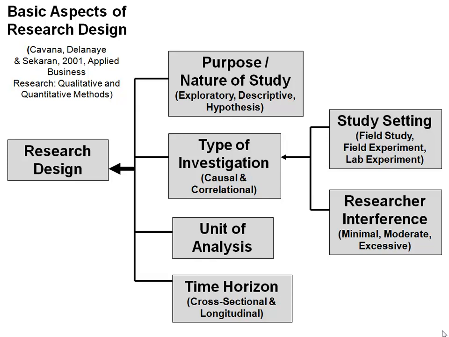It can be field study, field experiment, or lab experiment, or it can be explained in terms of the researcher's interference towards the experiment itself, or the interventions that you introduce in your research. There are minimal interference, moderate or excessive interference, which you need to design or think about before carrying out a research.